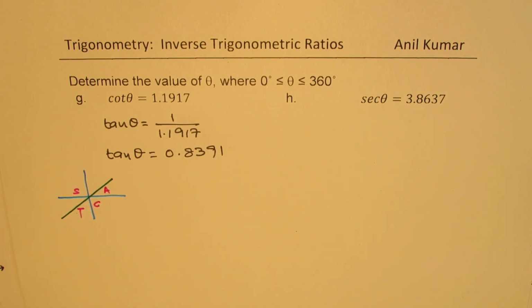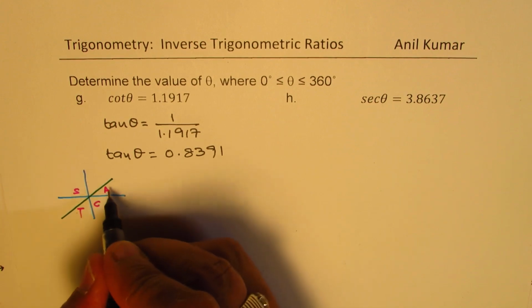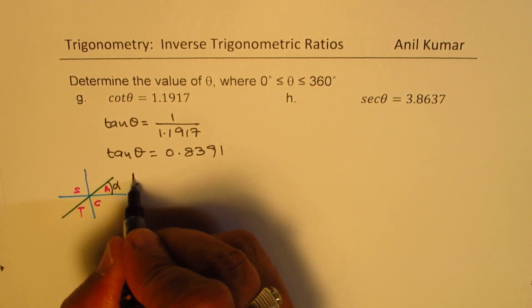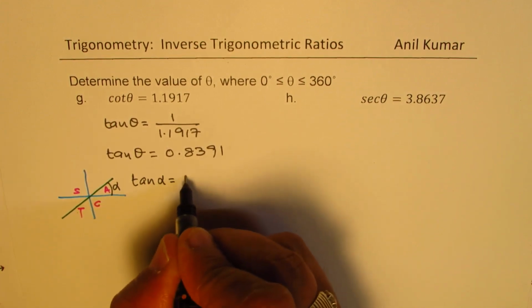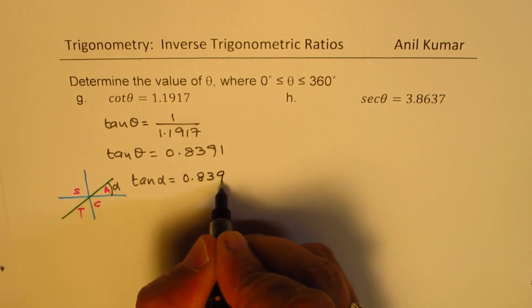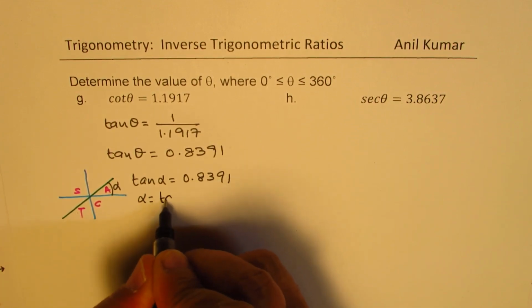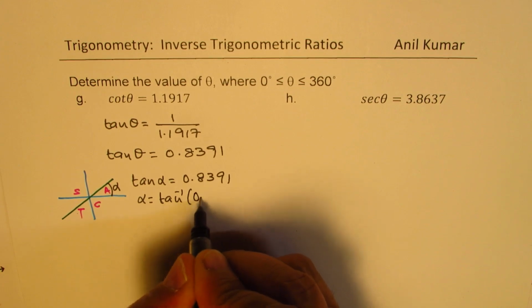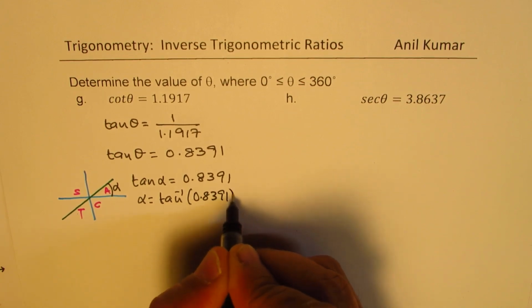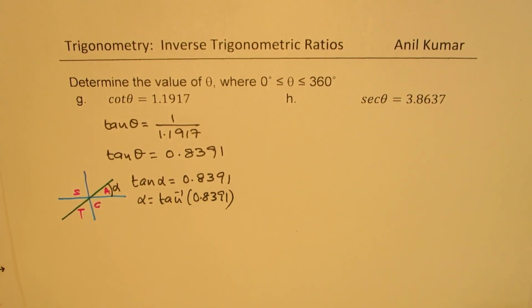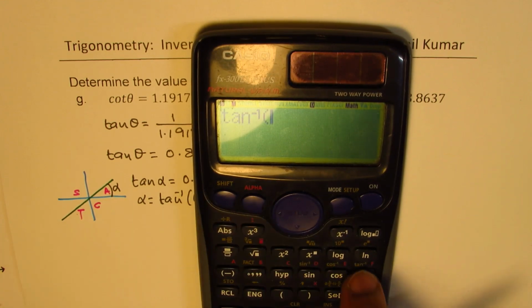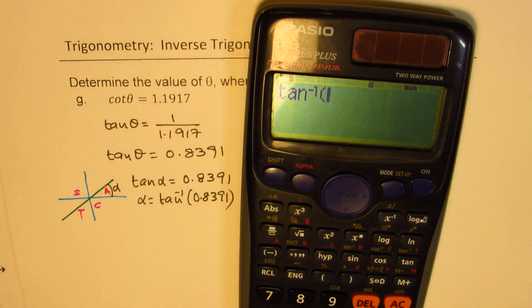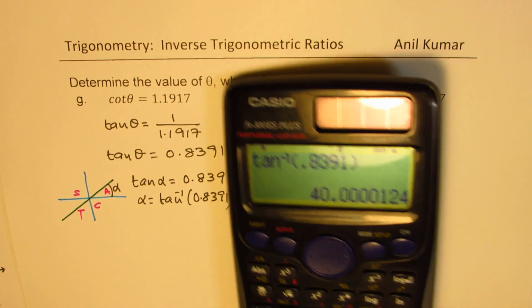So what we will do here, we'll again find the acute angle alpha, right? So we say tan alpha equals 0.8391. Alpha equals tan inverse of 0.8391, right? So we have shift tan inverse, and we have 0.8391 within brackets, equals 40.